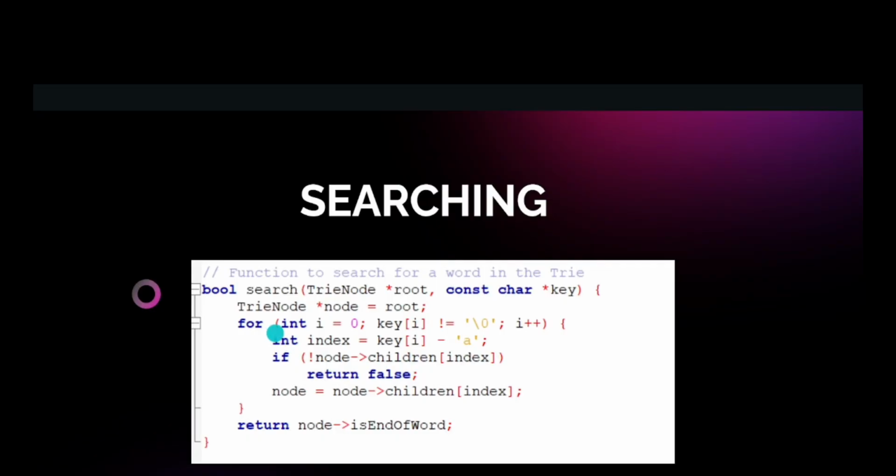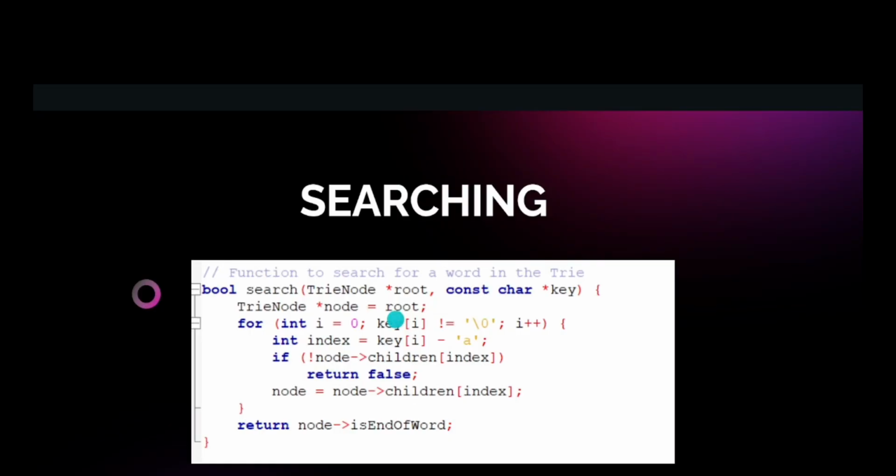And now the next step is we loop through each character here. It iterates through each character in the word and stops when it reaches backslash zero. Backslash zero is an indicator that marks the end of the string.